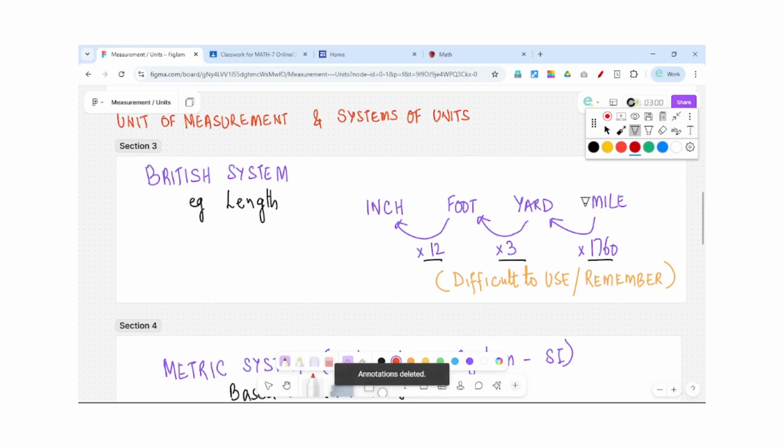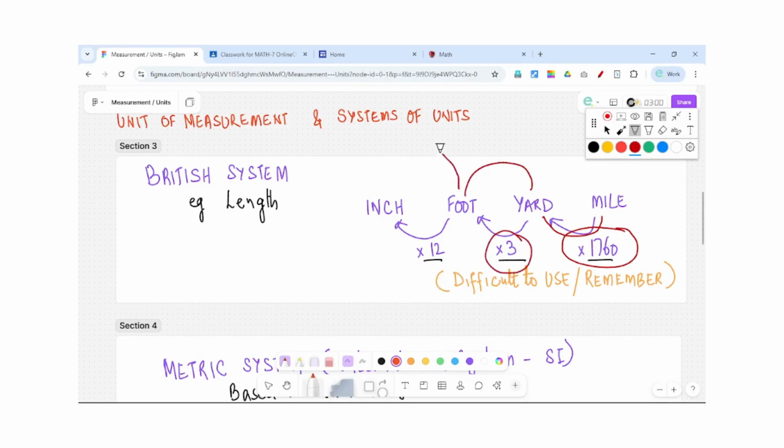And what is the relationship between these units? The relationship between mile and yard is 1760. The relationship between yard and foot is 3. The relationship between 1 foot and inches is 12.